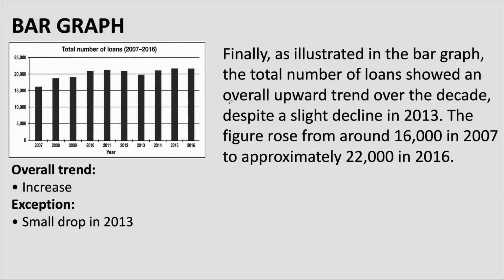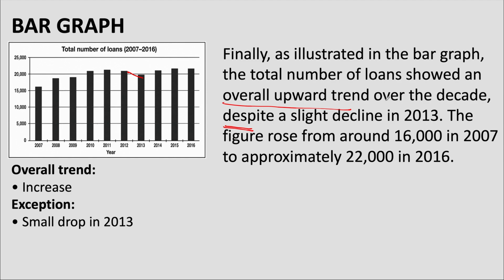Here we are using the phrase, it showed an overall upward trend, and then added, despite a slight decline in 2013. We can write this as, even though there was a slight decline in 2013. So this makes the description accurate.